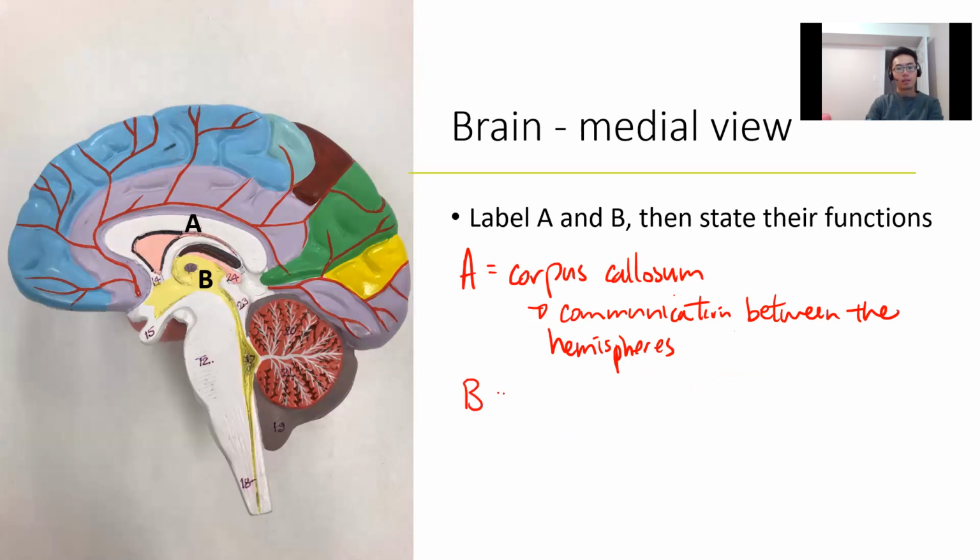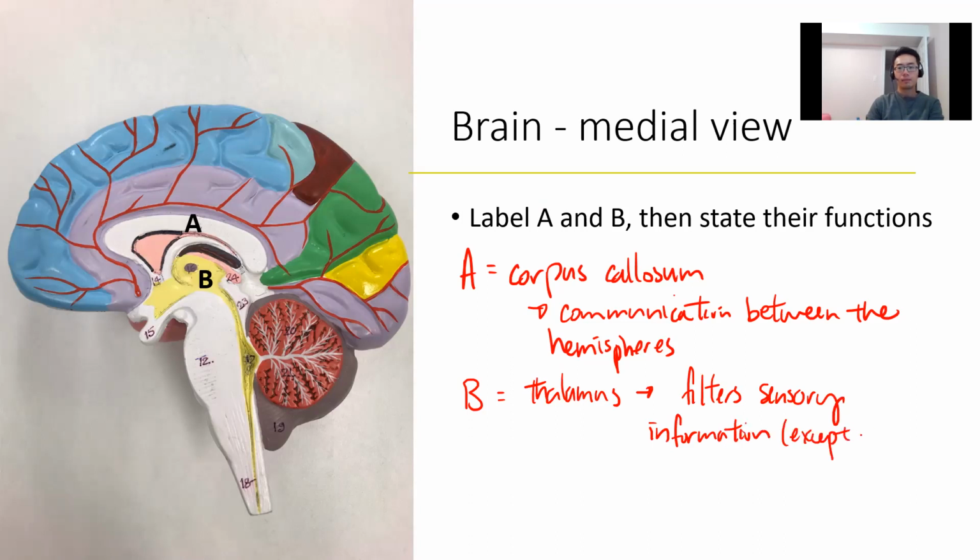What is B here? Anybody got that one? Thalamus. That is the thalamus. Very good. It filters sensory information, except for smell, before projecting it to the appropriate lobe.